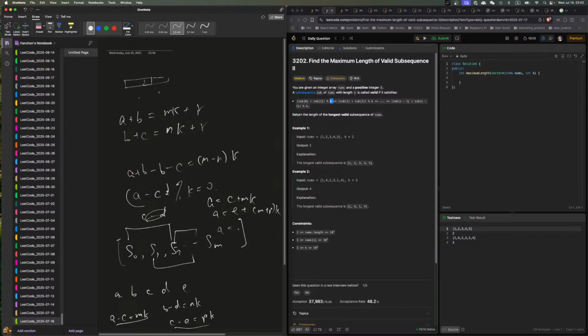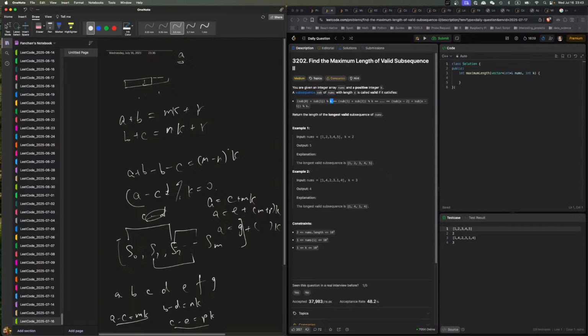And A will equal to C, E, E, C, D, E, F, G. Next one will be G plus something times K. Right, so they just keep going on, which means if I pick an A, then the next one has to be A plus minus, it doesn't really matter, right?